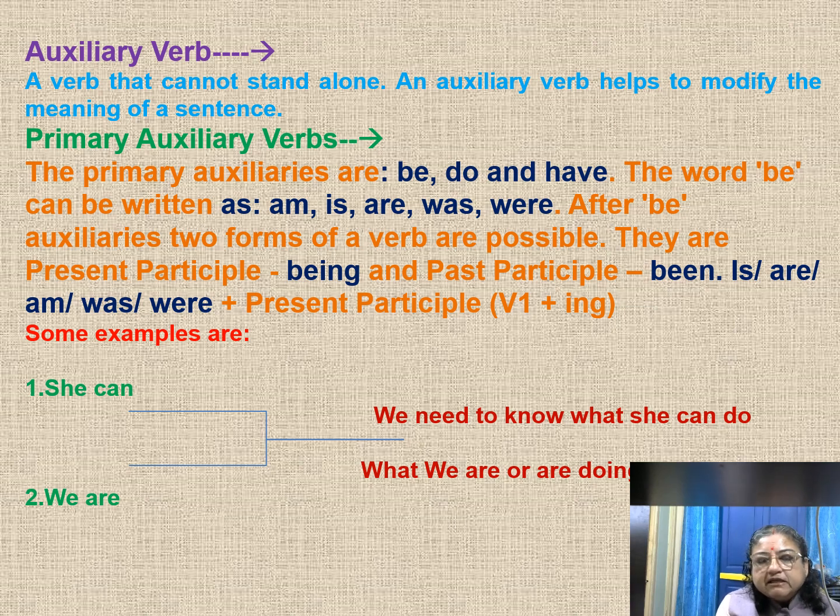Now here, the primary auxiliaries: be, do, have.